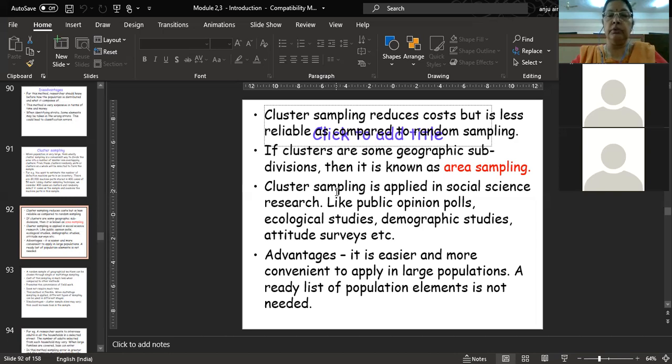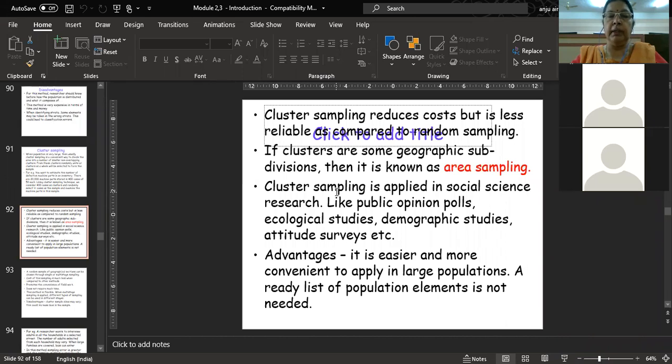Then you can use this cluster sampling technique to take your sample from the population and then do a study on it, and you can find out what is the opinion of the public, what is the majority opinion of the public. From the result of studying that sample, you will apply that result to the rest of the population. So suppose you want to find out public opinion against the ruling party.